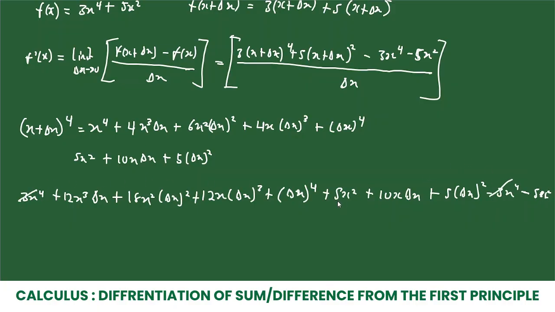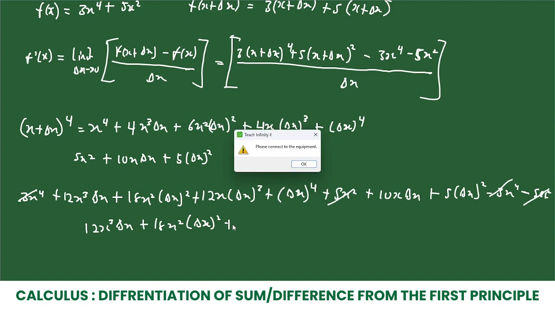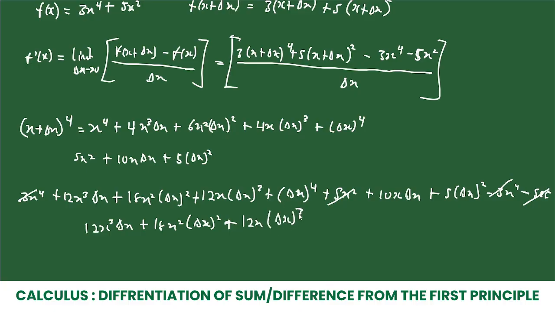So this is going to go away with this. We have 5x squared in here. Yes, we have 5x squared here. It's going to go away with it. We are going to have 12x cubed changing x plus 18x squared changing x squared plus 12x changing x cubed plus 10x changing x plus 5 changing x squared, right?